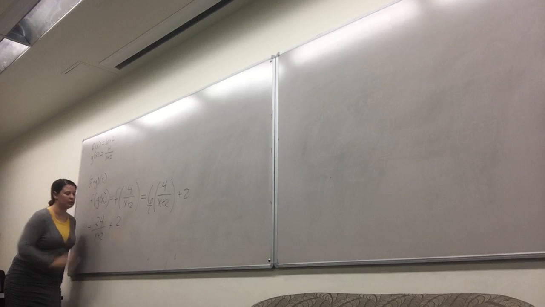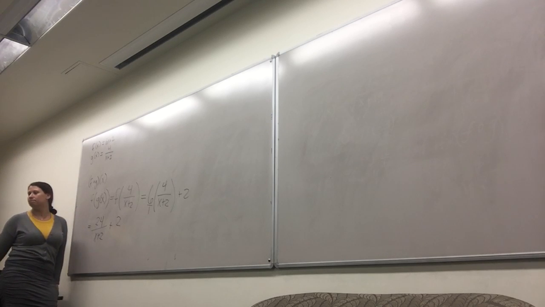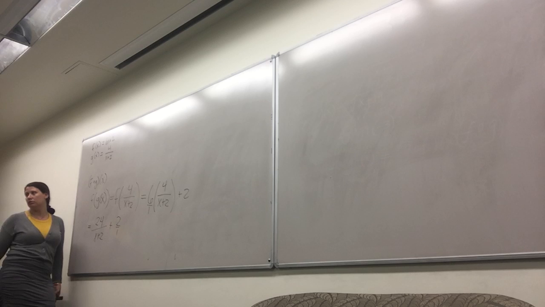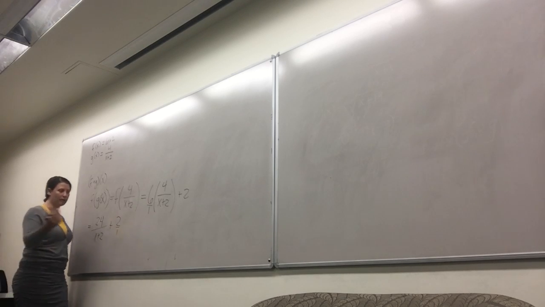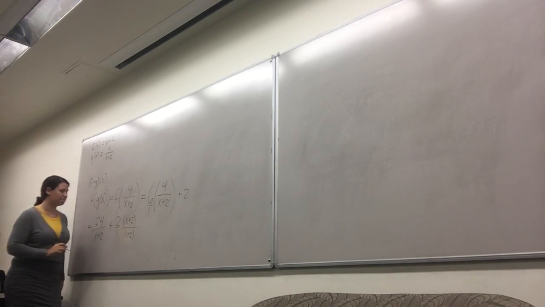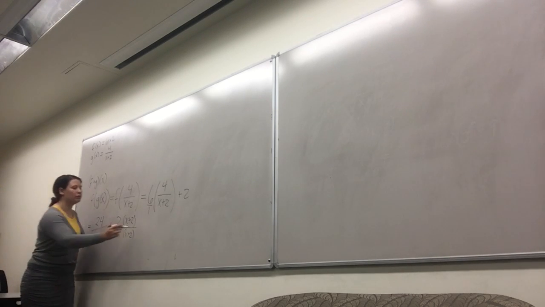Now then, what do we do with this 2? It's over 1, so we want it to have x plus 2 in the bottom, common denominators. So we multiply by x plus 2 over x plus 2, right? Okay, so then what do we get?